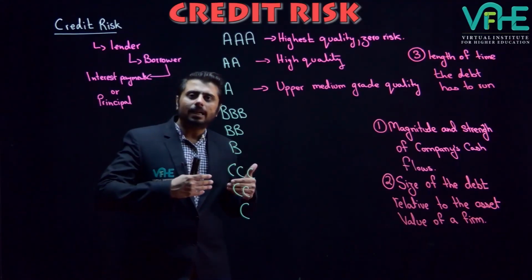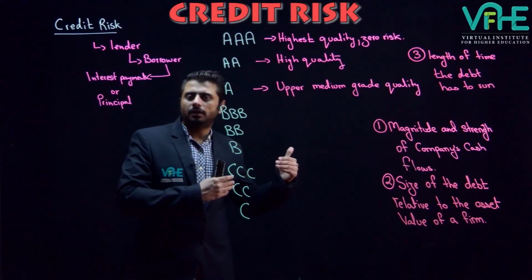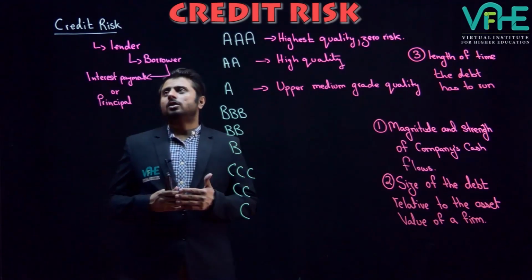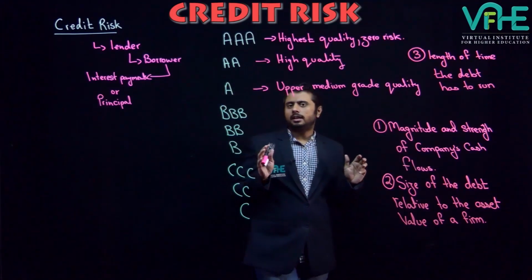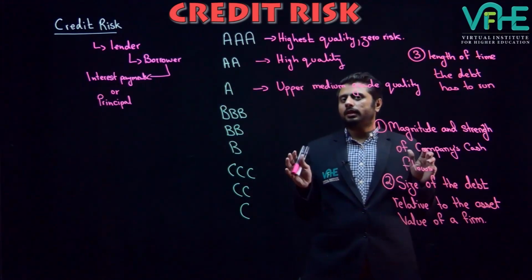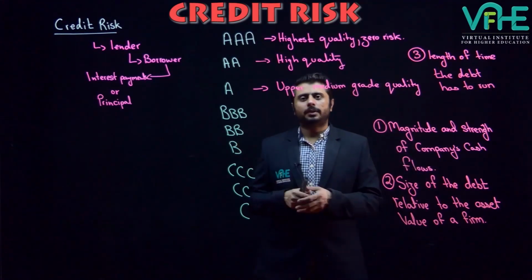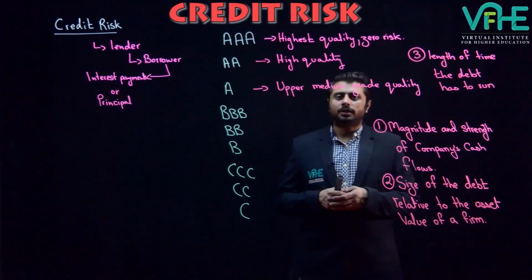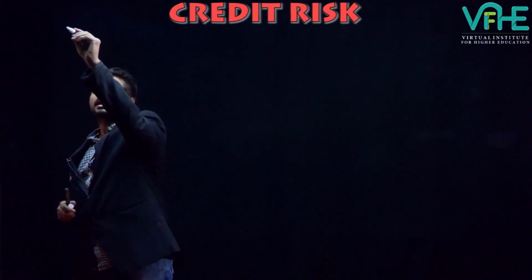Different credit rating companies evaluate companies based on various different grades as issued by them. So basically, credit risk, if you recap, is the risk that the lender may not be able to recover the interest payments and the principal from the borrower. Now we will move on to the next term, which is credit migration. So now let's discuss what credit migration is.